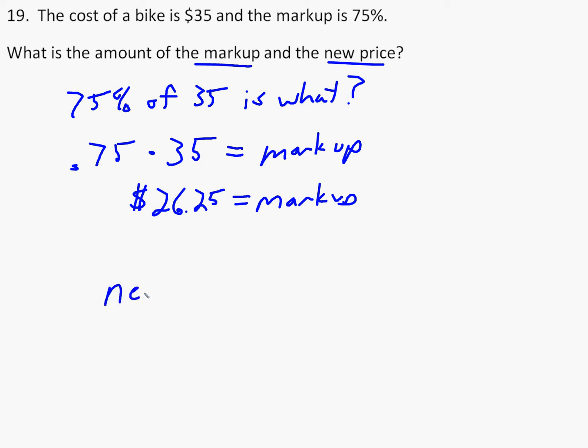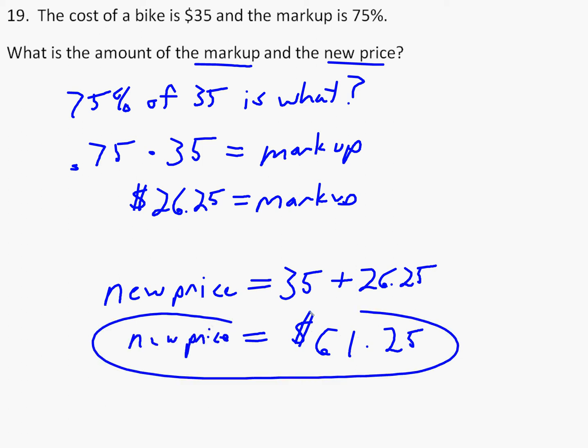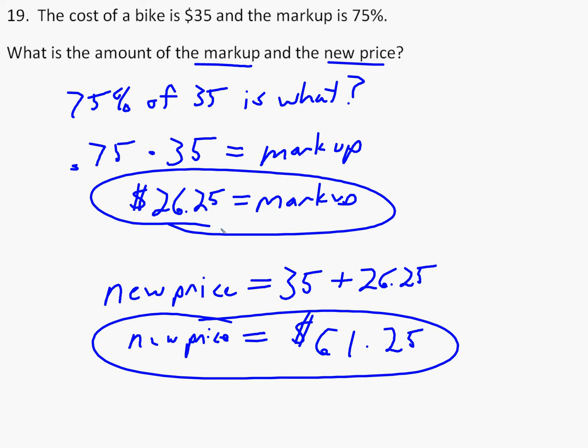The new price is going to be the cost, what they bought it for, plus the markup. Adding those together, we get a total of $61.25. So you want to find the markup first by doing a simple percentage problem, and then once you find your markup, you can add it to the original to see what the total cost will be.